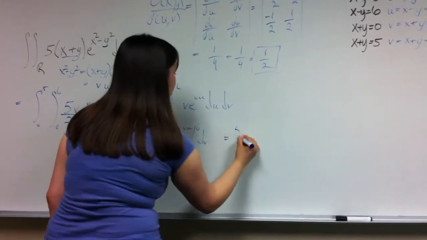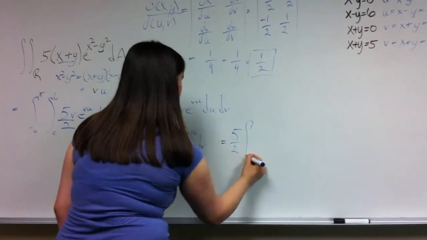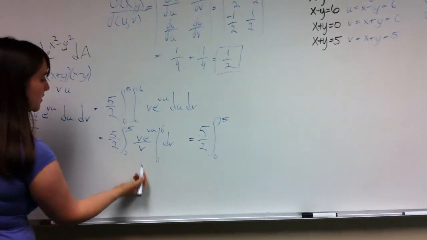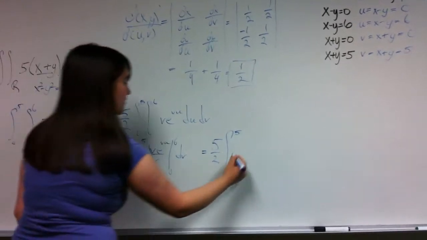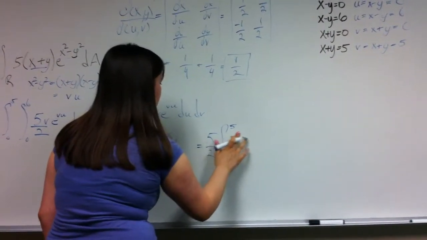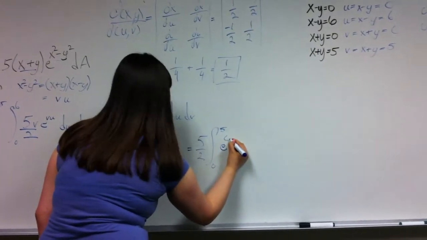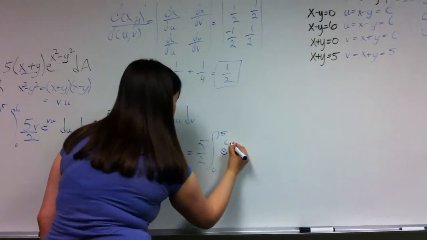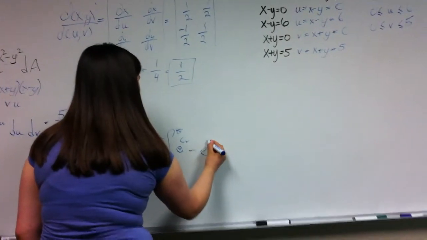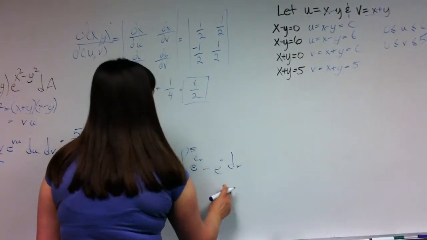If we continue this problem, we'll have 5/2 from 0 to 5. And notice here that the v's cancel, so all we have to do is put an e to the 6v minus e to the 0 dv.